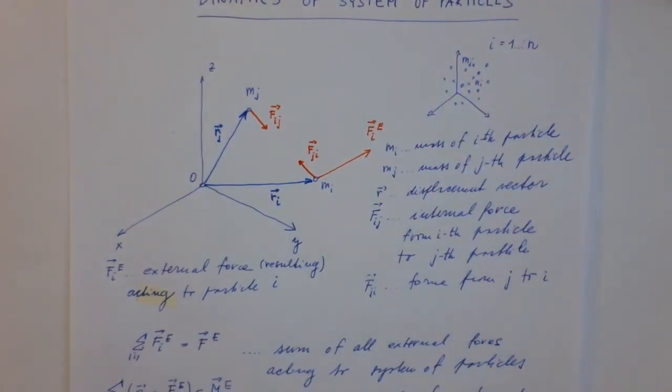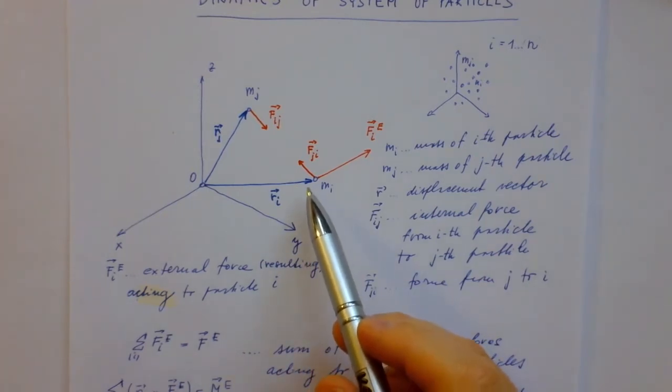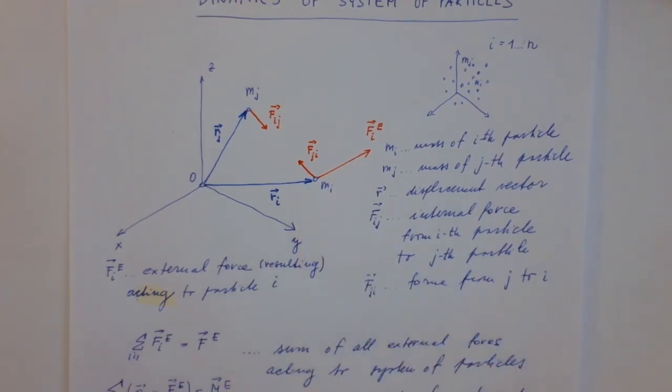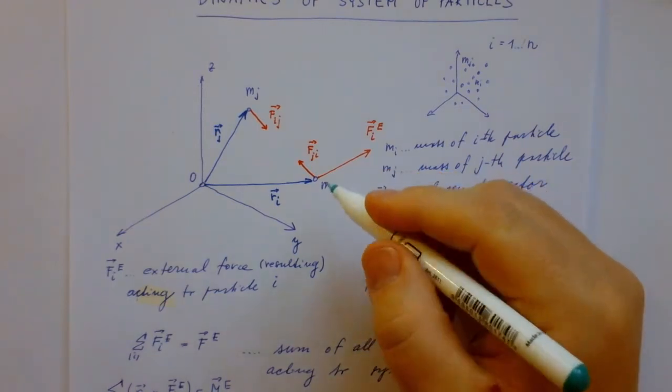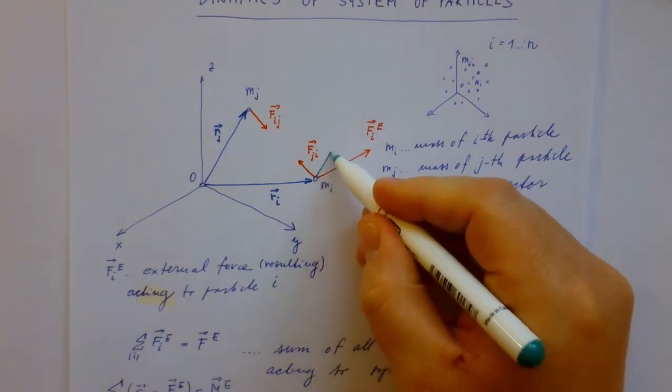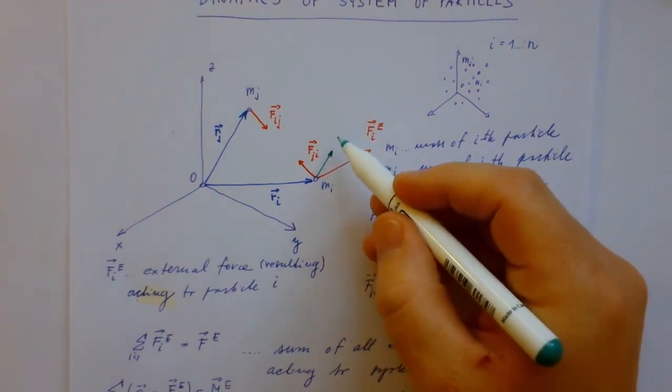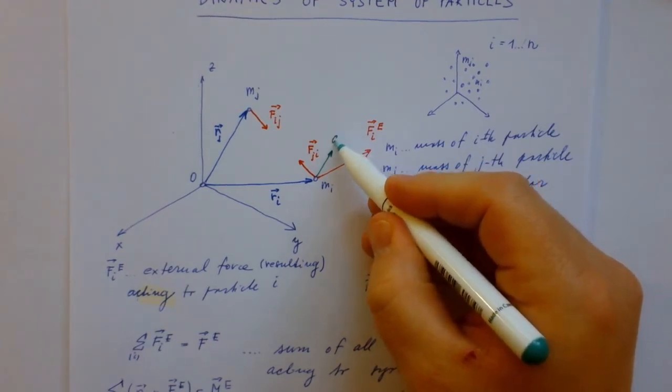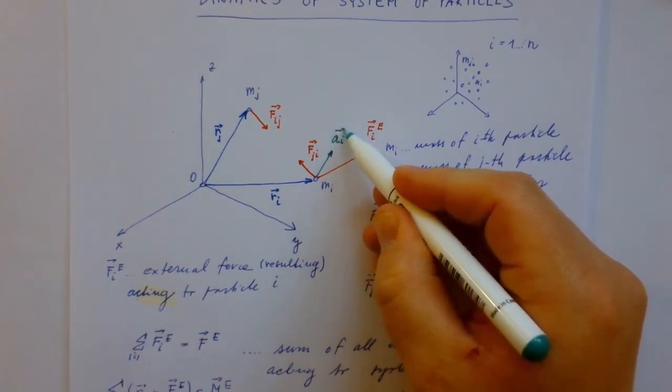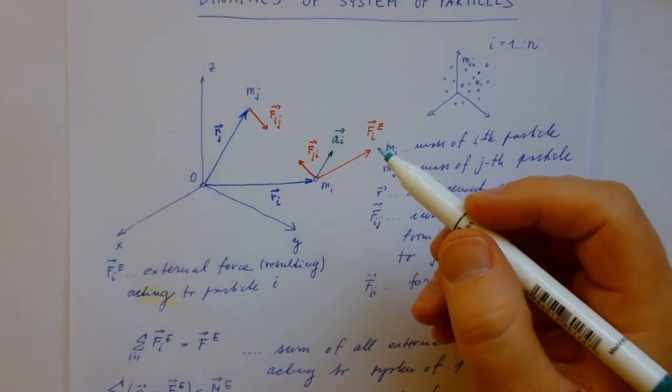If there are some forces acting on particles, we might expect the motion of particles. So we can expect that particle mi has an acceleration ai.